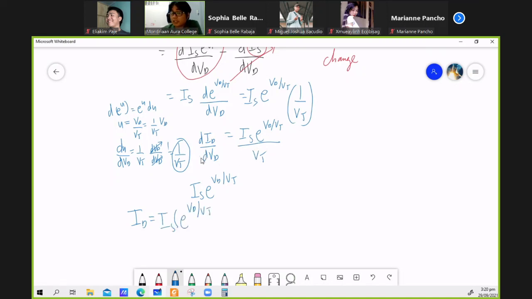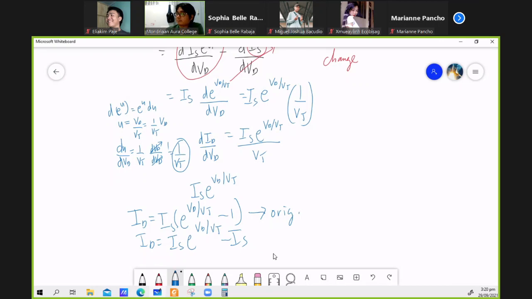Tinanggal ko na yung N, equal to 1 ko na lang siya to simplify. So this is the original Shockley's equation. If I'm going to distribute IS, this is IS E raised to VD over VT minus IS. Dinistribute ko lang. Naging ganito na siya.